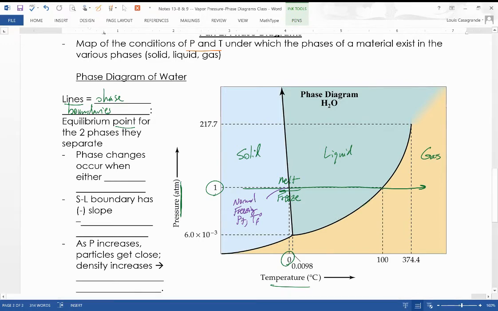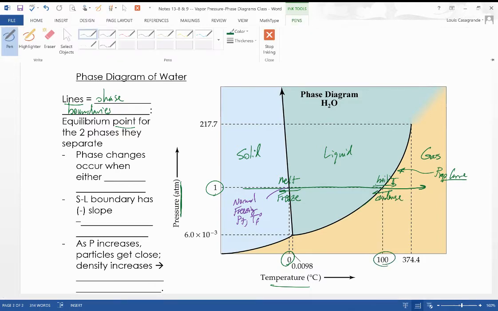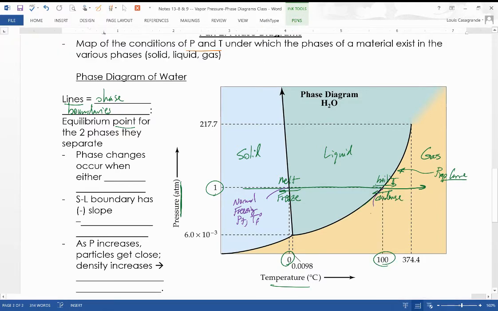Now, as we move to the right, we're going to cross over the liquid vapor interface. That liquid vapor interface line is the same as the vapor pressure curve. So we're seeing the same line coming in here. As we move to the right, we're going to get boiling, and as we go to the left, we're going to condense. Of course, at 100 degrees, that was the normal boiling point, which we called T B naught.